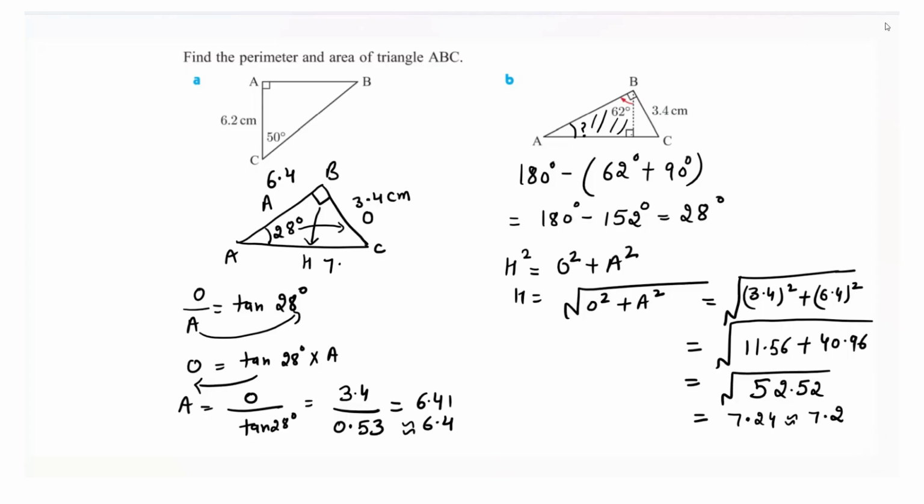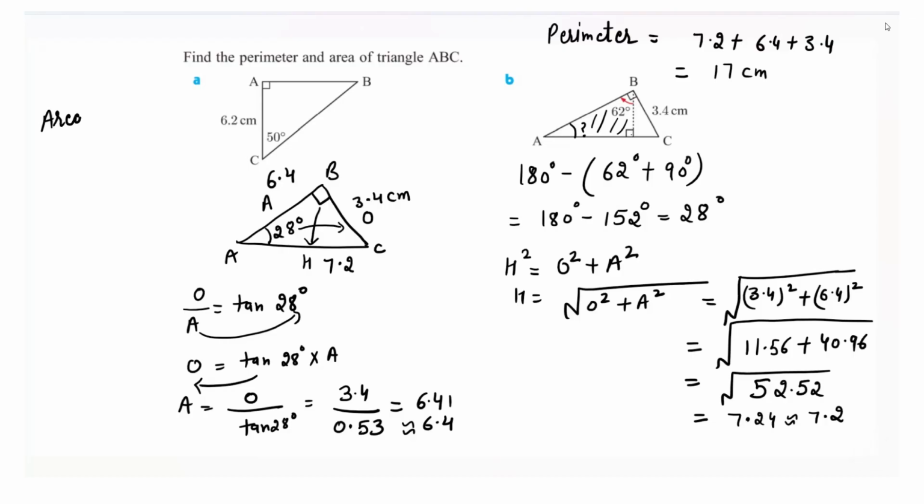So the value of H is 7.2. Now we have to calculate the perimeter here. So perimeter will be equals to 7.2 plus 6.4 plus 3.4, and when we will add 7.2 with 6.4 with 3.4, we will get it equals to 17 centimeter.